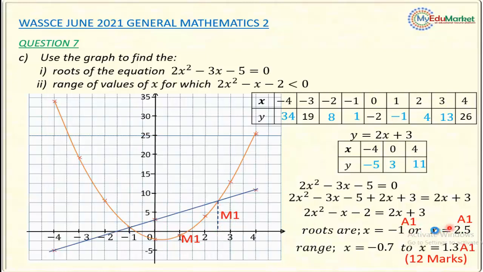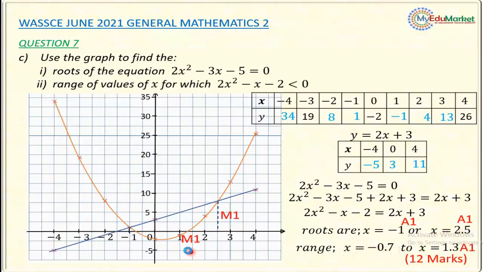But you may have the same marks, A1, A1, even if this x is not exactly -1, but somewhere -1.1 or -0.9, meaning there will be an allowance of deviation of plus or minus 0.1. Similarly, x equals 2.5, even if it is not exactly this, but it's somewhere x 2.4 or x 2.6, you still have this A1. There will be a deviation of plus or minus 0.1.